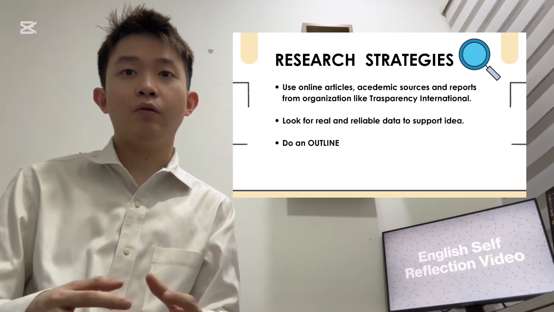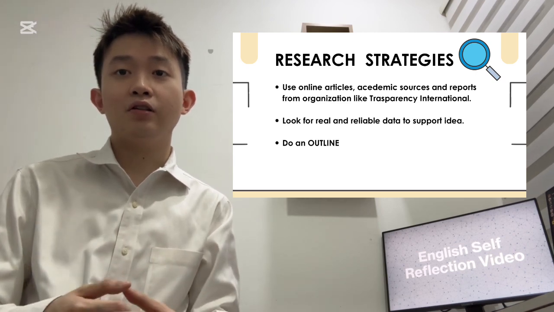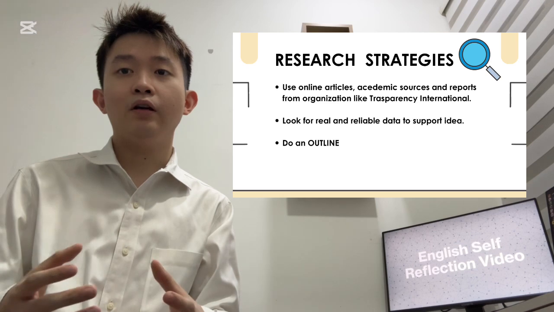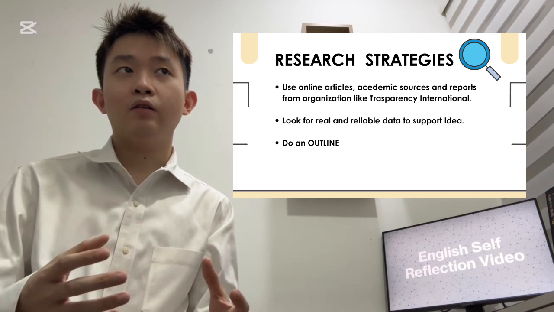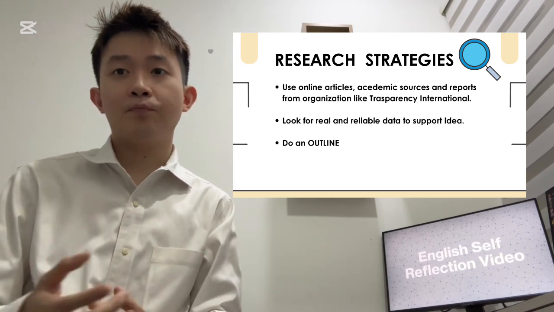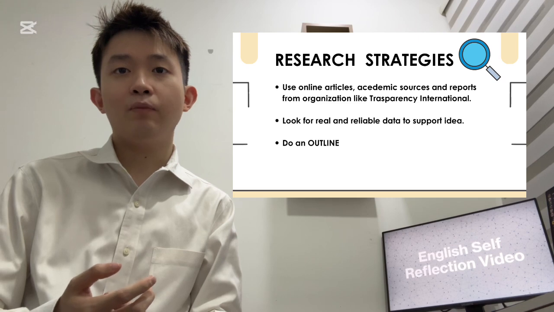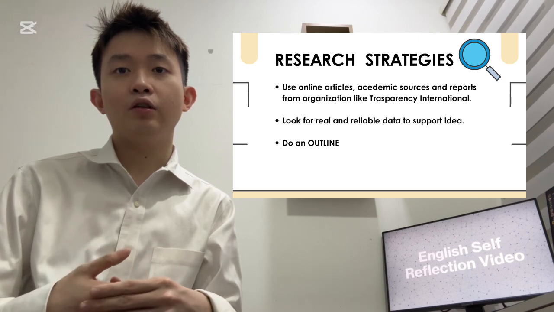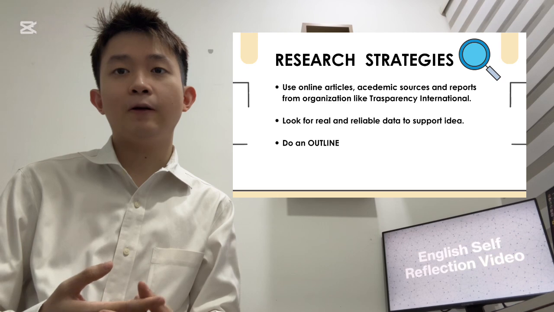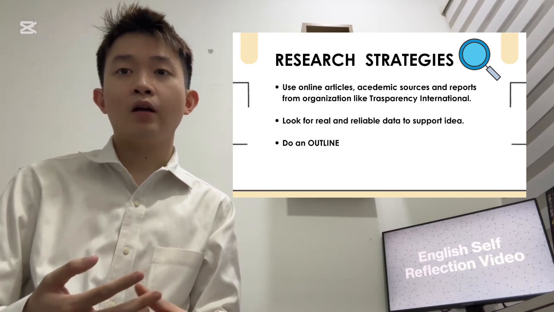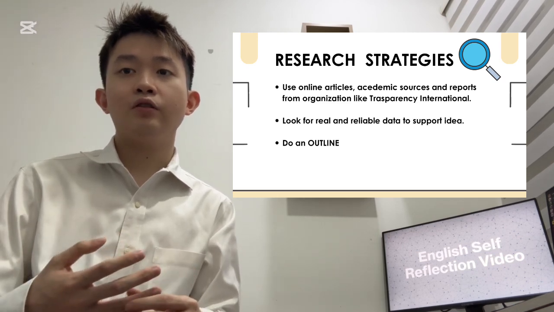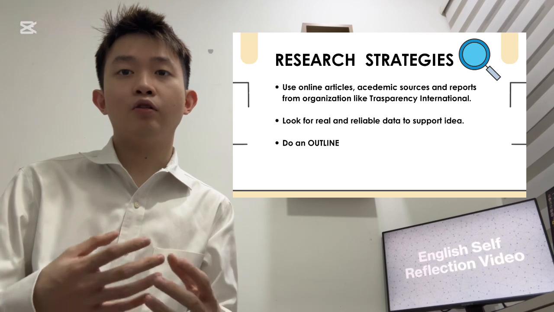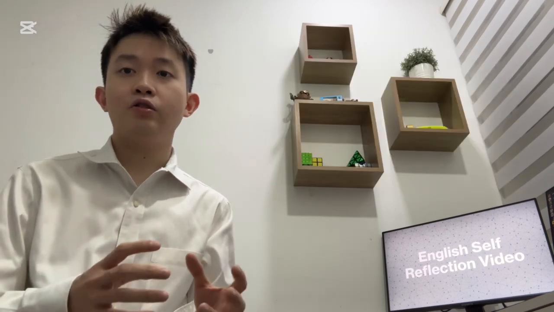Not only that, our teacher Miss Hani also taught how to do an outline to make our job easier. One thing I learned was how important it is to use trusted sources and cite them properly. I also realized that reading different sources helped me understand the topic from many angles, not just the problems, but also what can be done to solve them.